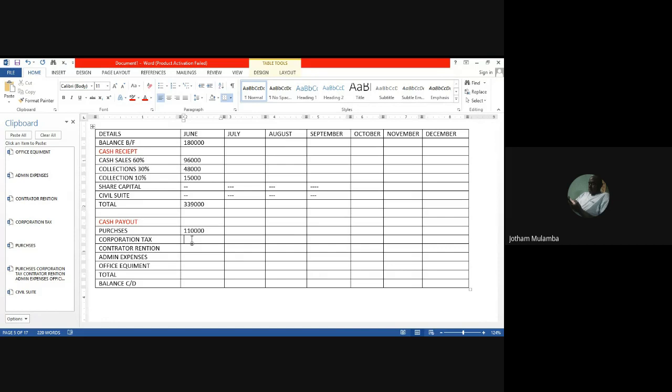So as much as the question indicates next month or after one month, that means we go backward. We only pay what we have received. Because we are in June, we cannot pay in July for supplies we have not received. The last supplies we received were for May, so we pay for May supplies.